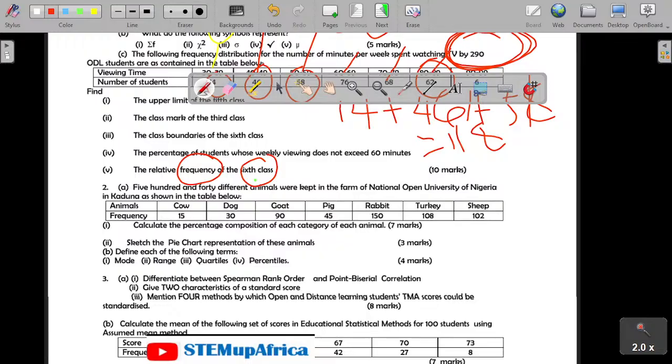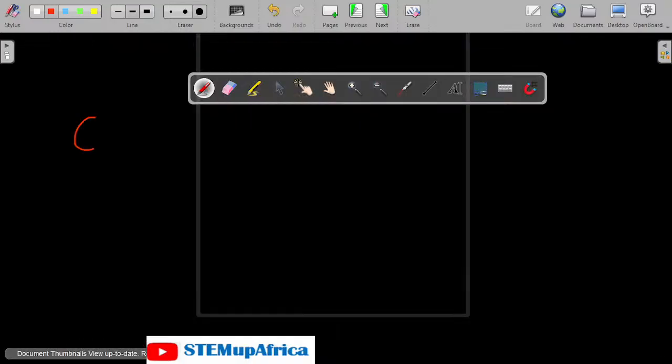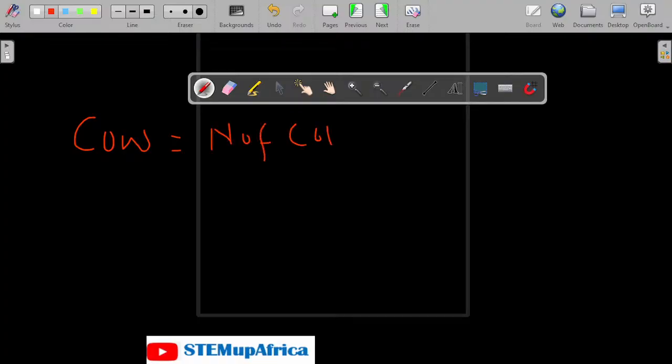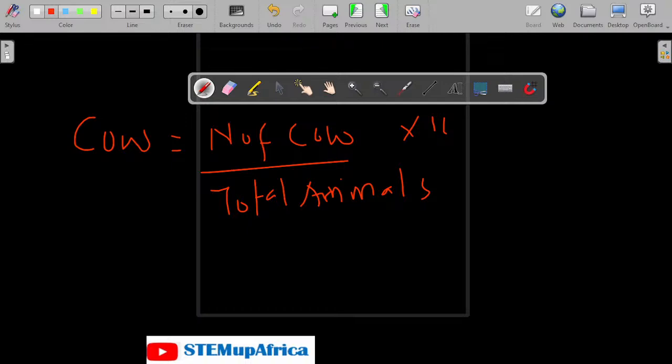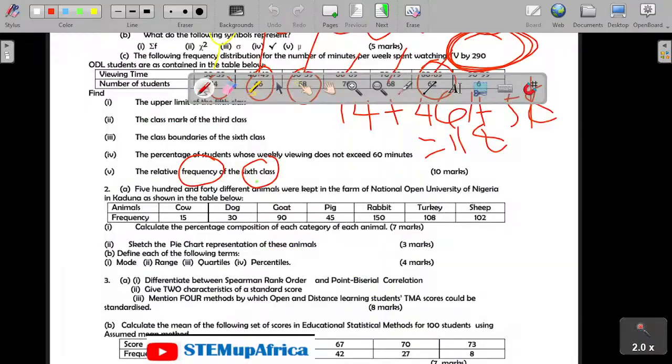So let's start with the percentage of cow. The percentage for cow will be the number of cow over total animals times 100%. So this is how you calculate percentage. For cow, how many cow do we have? We have 15.